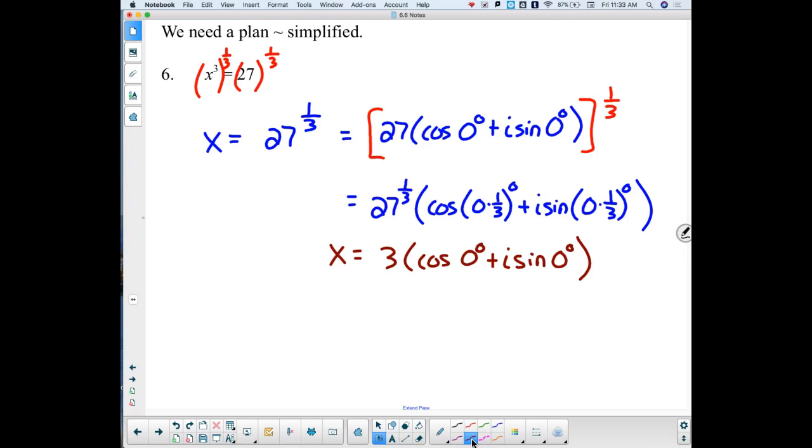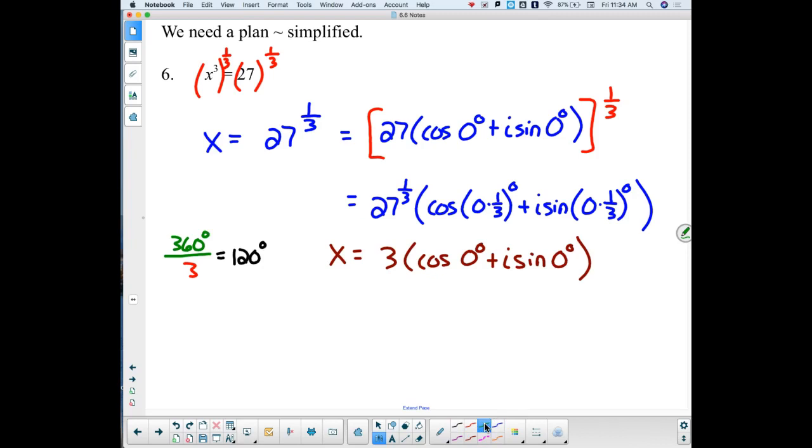Now, somewhere either in my brain or off to the side, I'm going to say, hey, I took the third root. There's 360 degrees to get all the way around the circle. I took the third root, so I'm going to take 360 and divide it by that root. And that tells me that that is going to be 120 degrees.